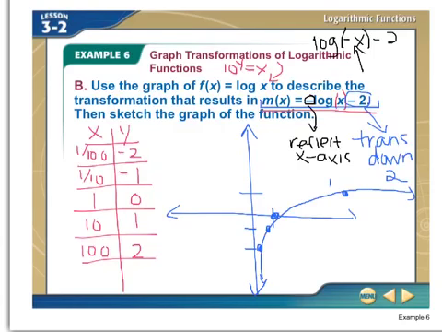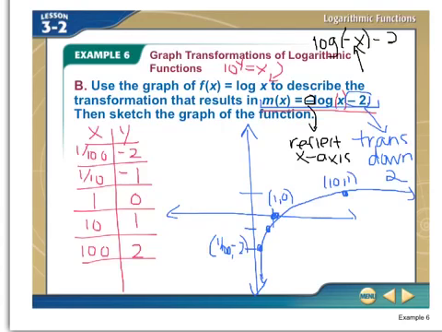Again, this is 10, 1, this is 1, 0, and we have 1/10, -1, and 1/100, -2. So this is a sketch of what the graph looks like. It's by no means exact.